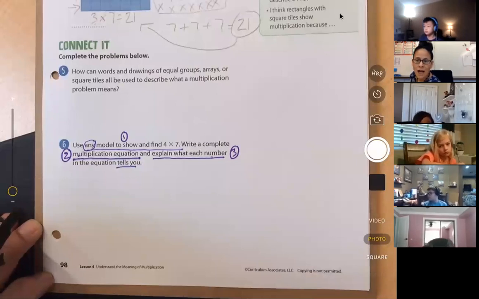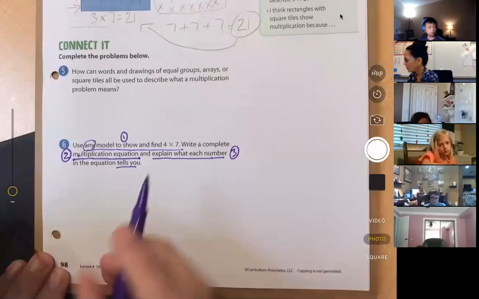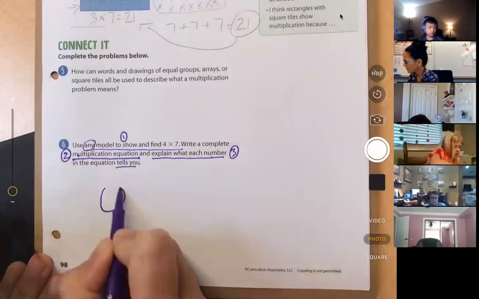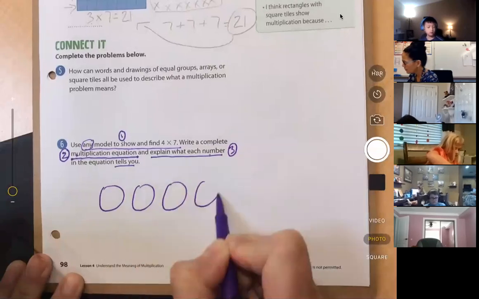Looking at our new question number 1, use any model. Great. I think I'm going to use equal groups. So I know that I'm going to have 4 equal groups.